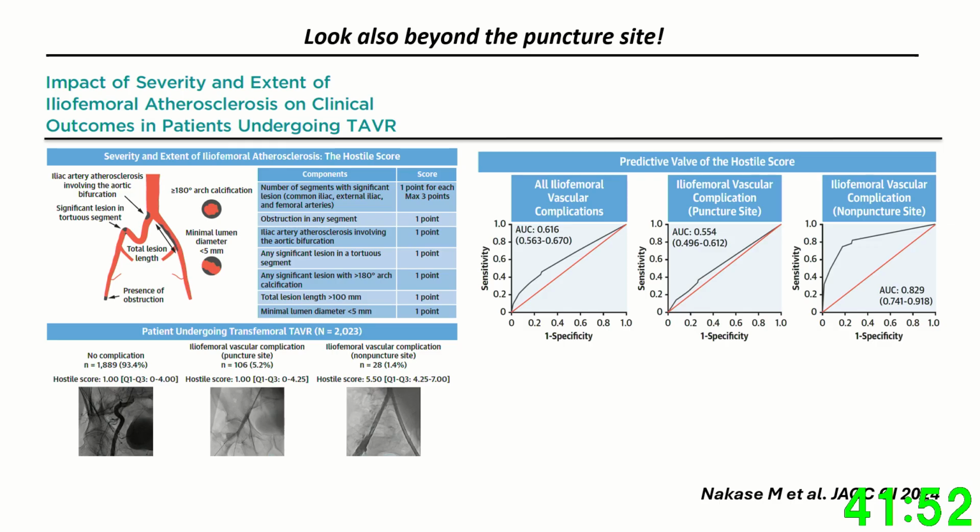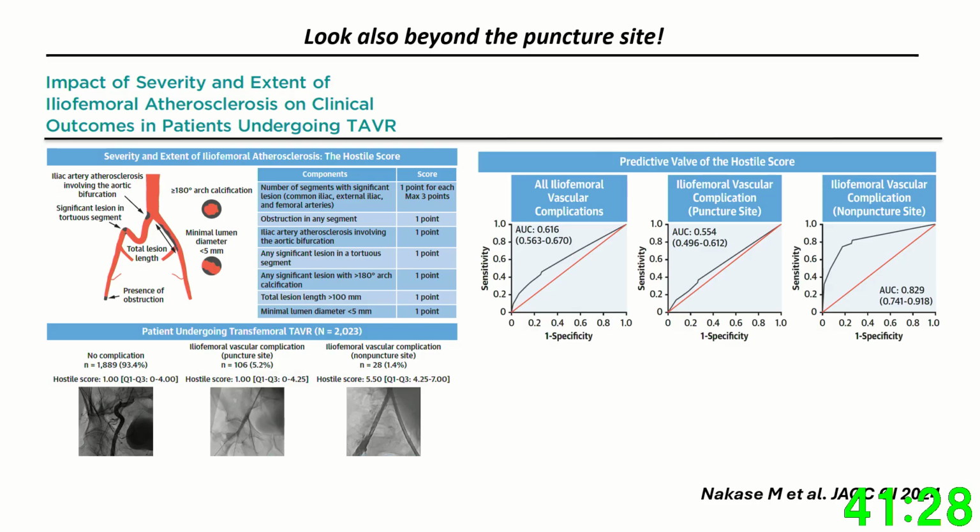You also need to think beyond the puncture site. The HOSTILE score was developed in the field of structural heart disease, where you have to look at everything beyond the puncture site: the tortuosity, the fact that you have more calcification at the level of the iliac artery, any area with a reduced lumen, and things like that.